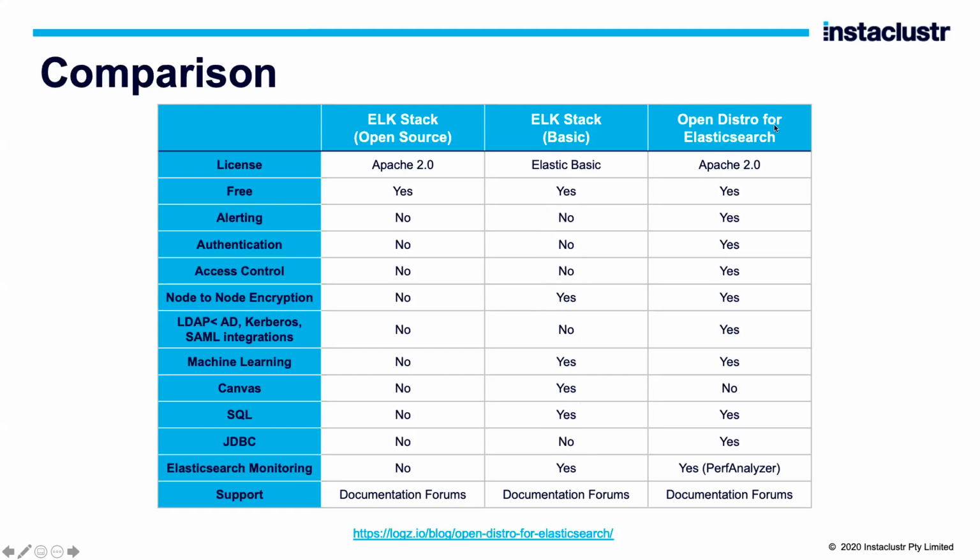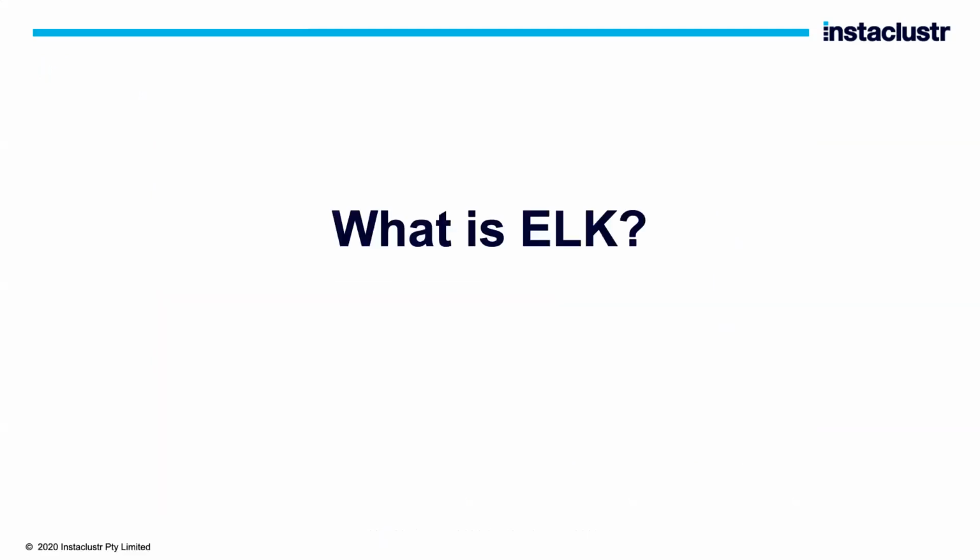However, on Open Distro for Elasticsearch, all those features which we talked about are free of cost. Just download it and start using it. And more features are added every time, so it's a very active community from that perspective as well.